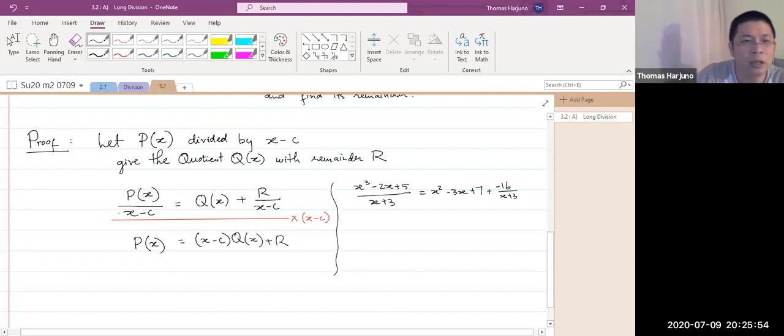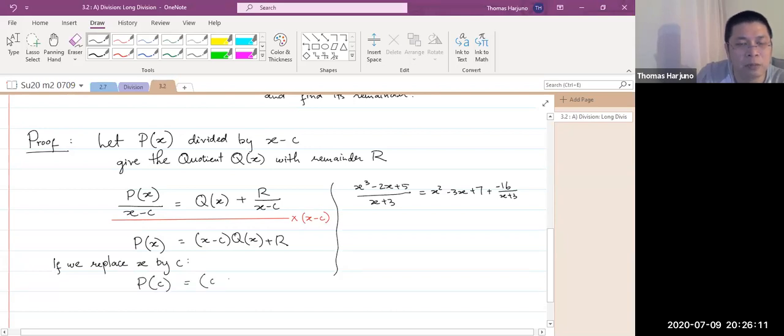Now, if we replace x by c, then I will get P(c) equals c minus c times Q(c) plus r. However, this guy is equal to 0, so the whole term here will be 0.